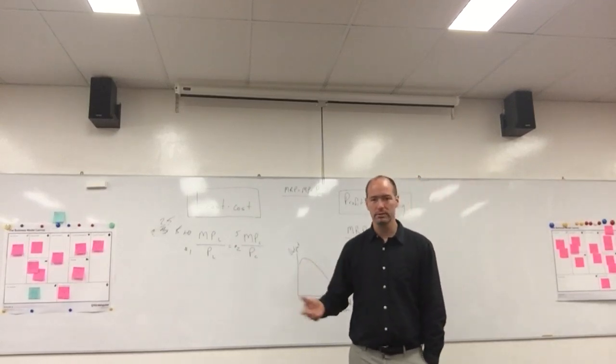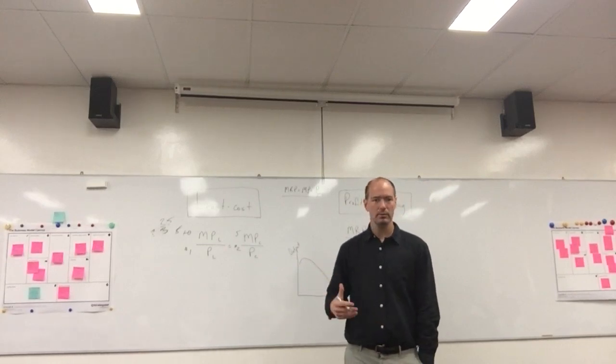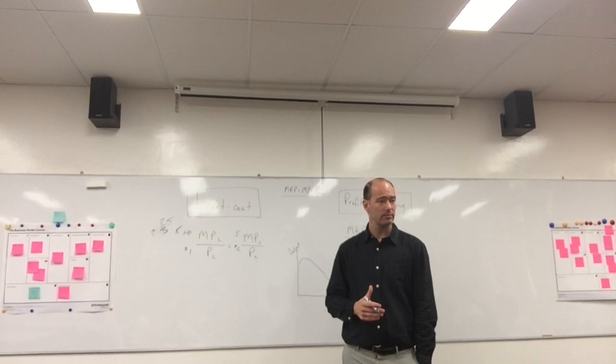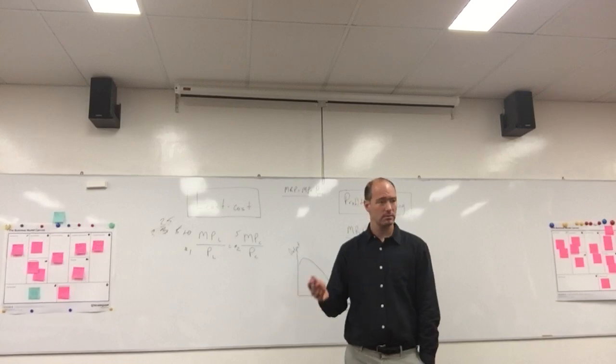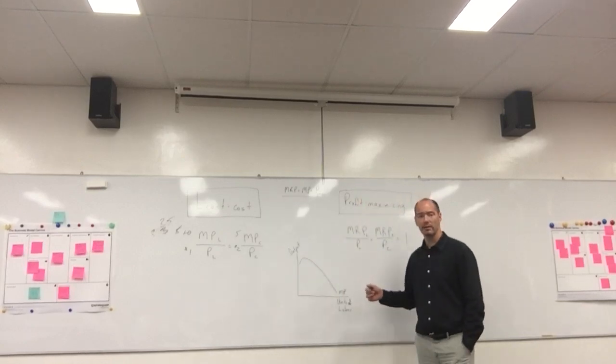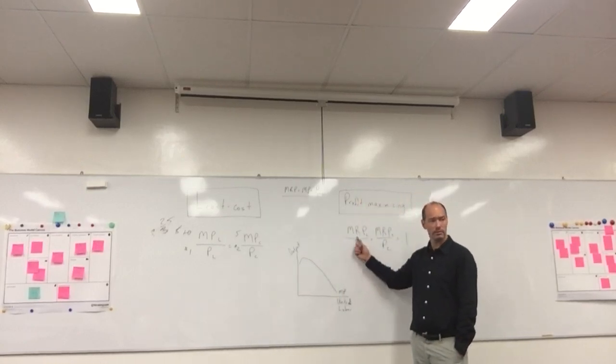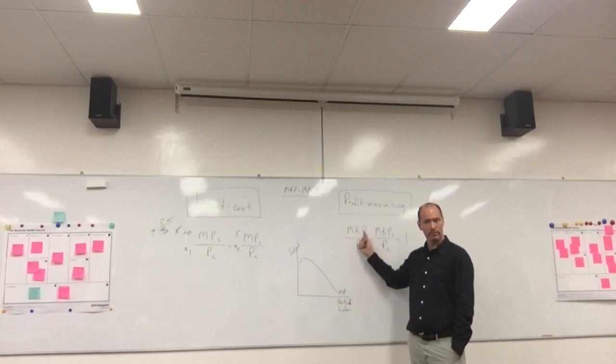Or if it's a sewing machine, they're going to buy the sewing machine as long as the dollar value of the extra output when it's sold is greater than the price of the sewing machine. So that's just the marginal benefit of hiring a worker or a sewing machine: the amount of extra revenue you get from hiring them. That's called the marginal revenue product, MRP.